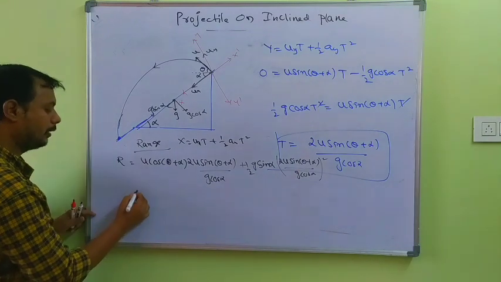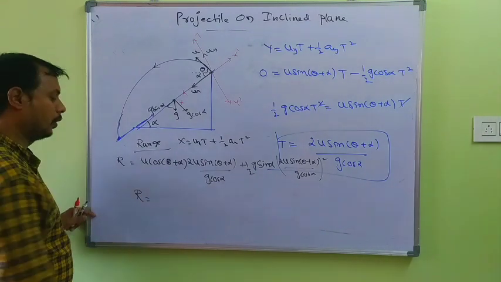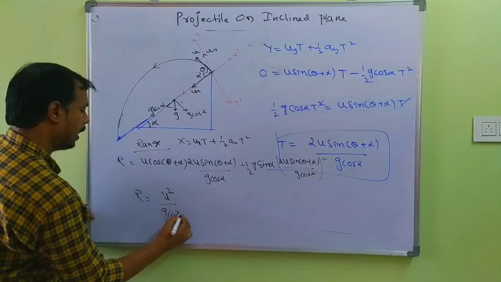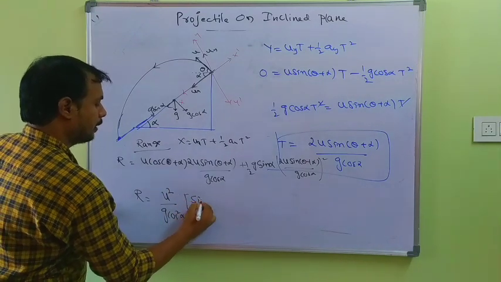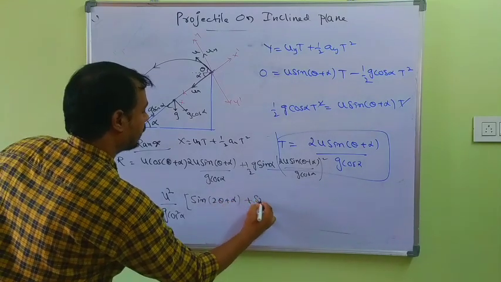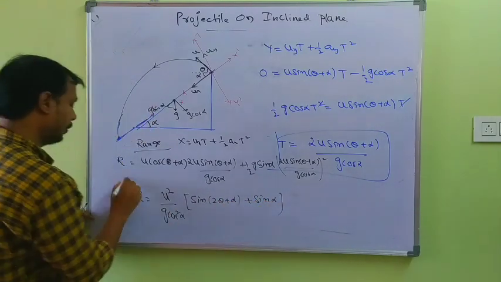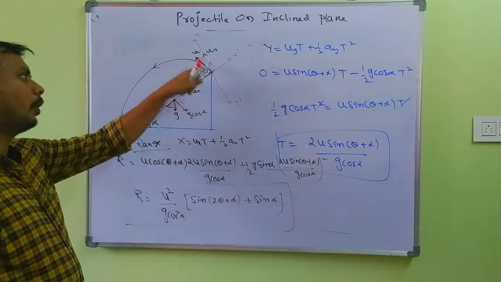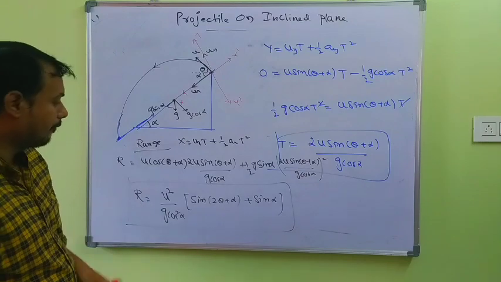After deriving, we get the final equation: r is equal to u square by g cos square alpha into sin (2 theta plus alpha) plus sin alpha. So this is the range expression when the body is projected down from an inclined surface.